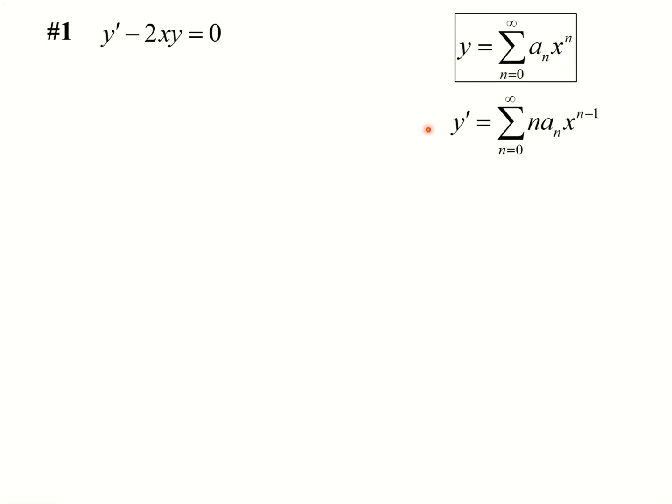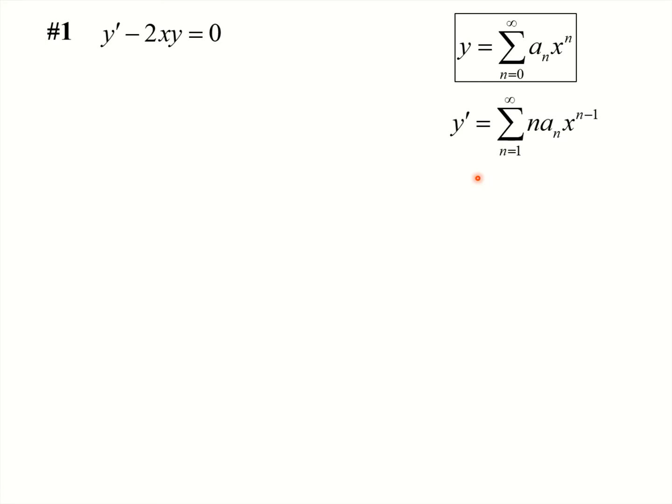Now before I plug those into the differential equation, I want to note where the derivative starts. It starts at n equals 0. When I put n equals 0 into that series, that gives me a first term of 0, so I really don't need n equals 0, do I? I'm just going to bump that up to n equals 1.